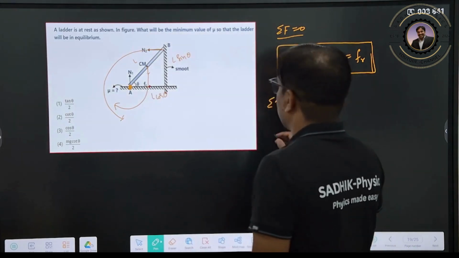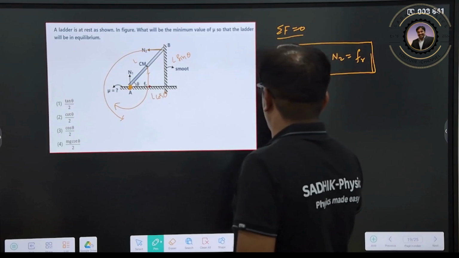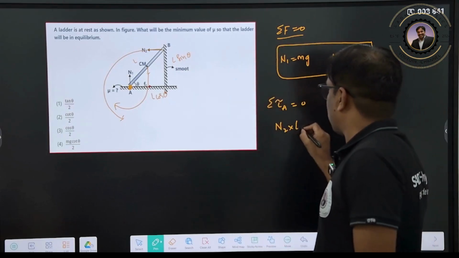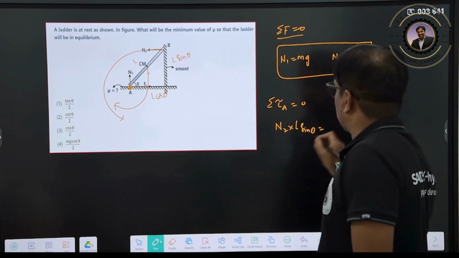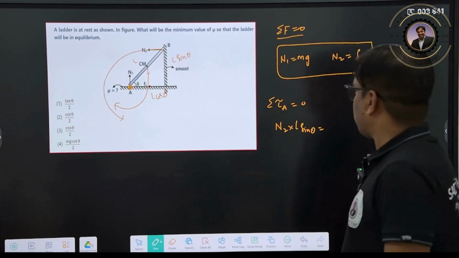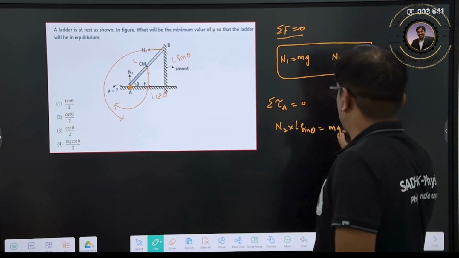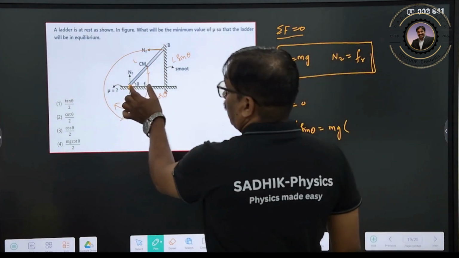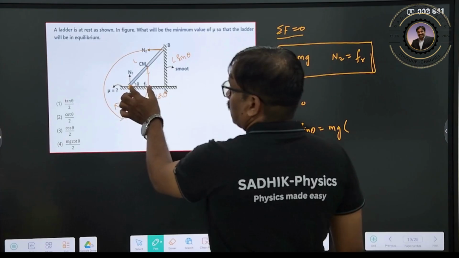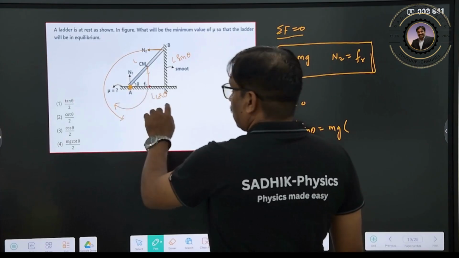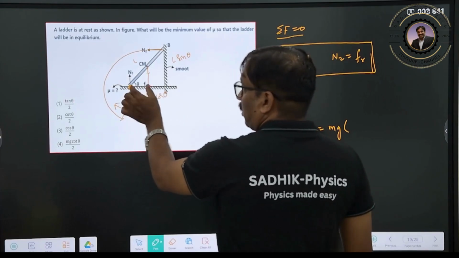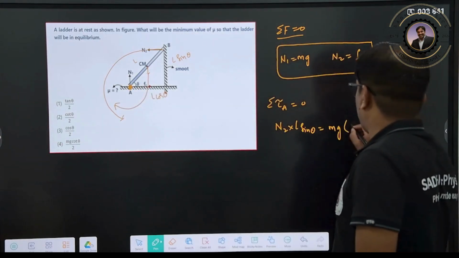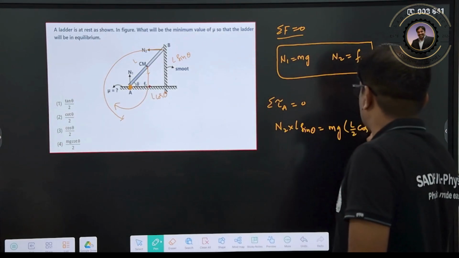So N2 into the perpendicular distance, L sin theta, will be equal to mg into this distance. Here this is L by 2, so this distance is L by 2 cos theta. The total distance is L cos theta, but half of that is L by 2 cos theta, clear?